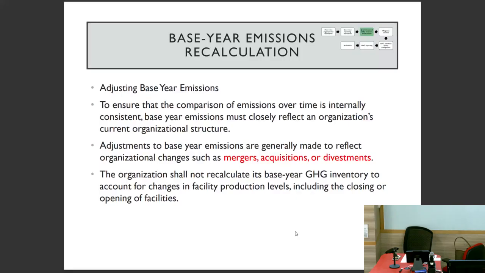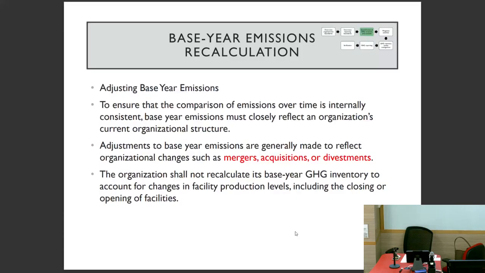And if we are comparing to the base year, maybe 2005, then the increase of greenhouse gases could be quite significant. And maybe it is not fair to say that we have increased the emissions by 30% compared to the base year, so it seems that the performance is very bad. But in fact, it is due to the structural organizational change.